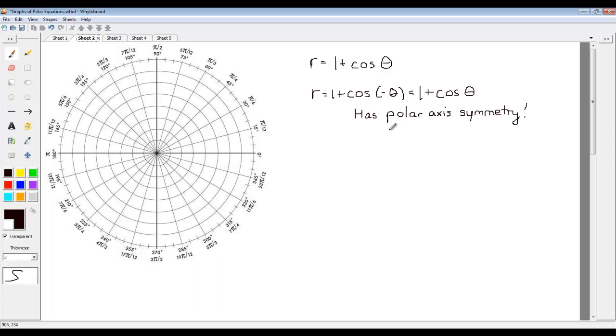That's like the x-axis symmetry. If we replaced r and theta with a negative, it does not work out the same as the original, so it may or may not have y-axis symmetry. And if we just replaced r with negative, that does not come out the same, so it may or may not have pole or origin symmetry. Okay, but it definitely has the polar axis or x-axis symmetry.